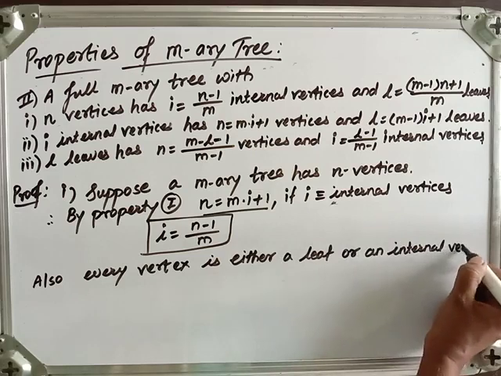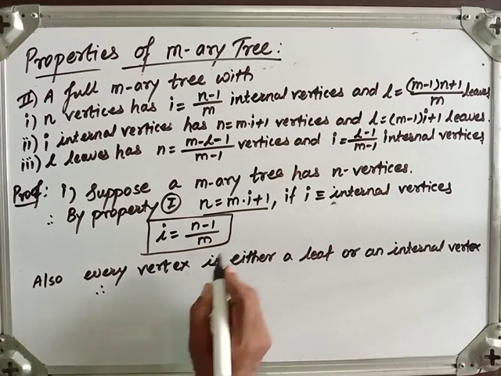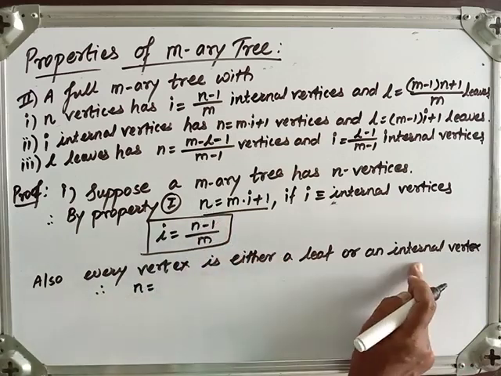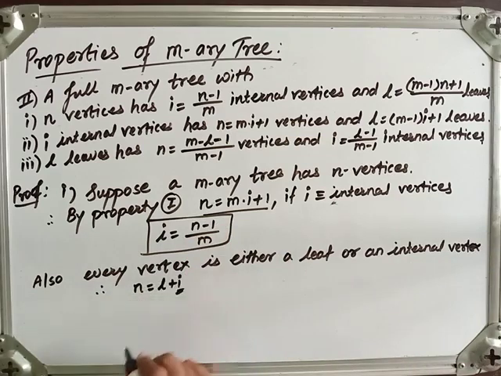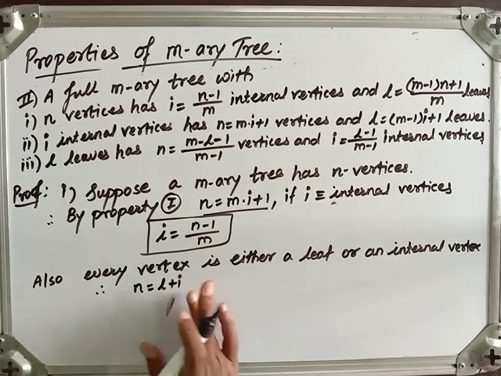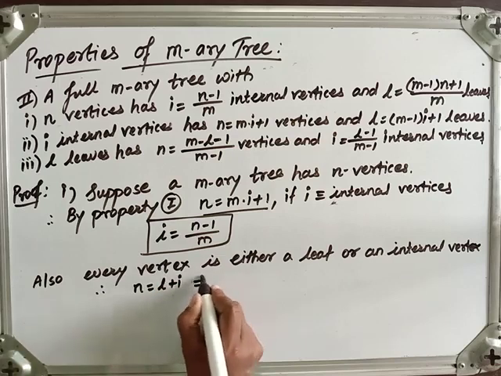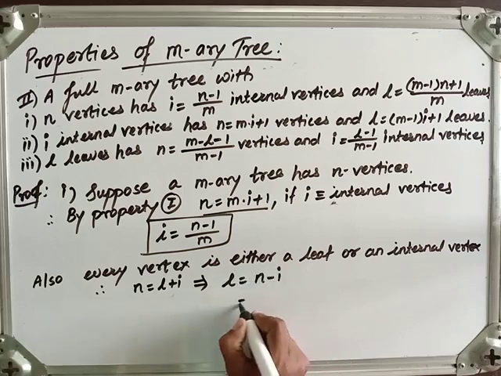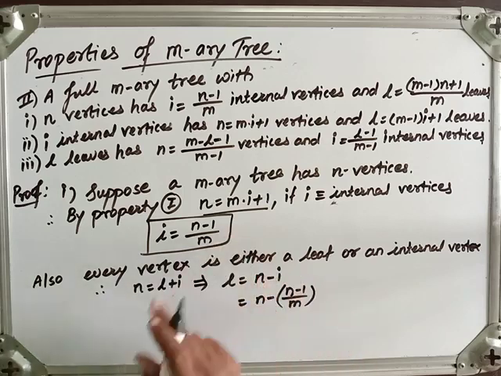Therefore, the total number of vertices n is the sum of leaves and internal vertices, so n equal to L plus I. Now let me put the value of I here. From this I will get L equal to n minus I, that is the same as n minus n minus 1 upon m.